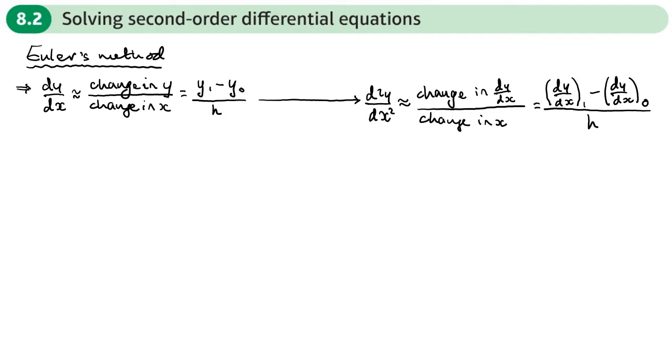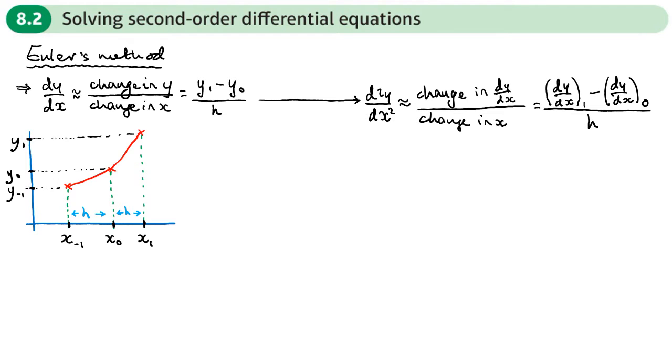going to be h. Okay, I've added a diagram because this is now going to help us to fill this in with values of x and y. So we're going to start by working out the gradient at this point here.